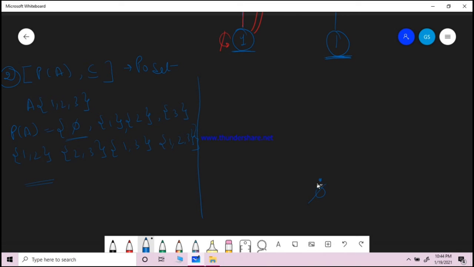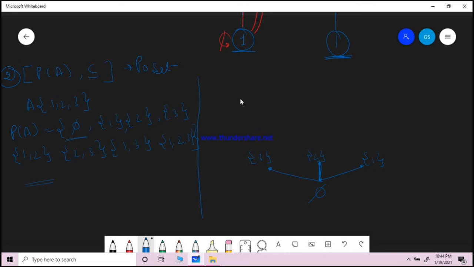This will be at the lowest end. Then {1}, {2} and {3}. After avoiding all the self loops, phi is connected to this, this, and this.